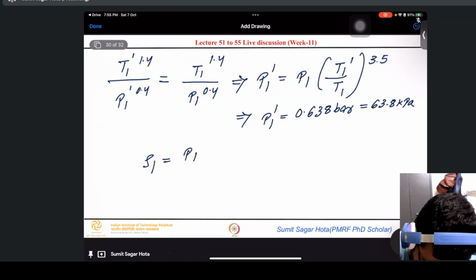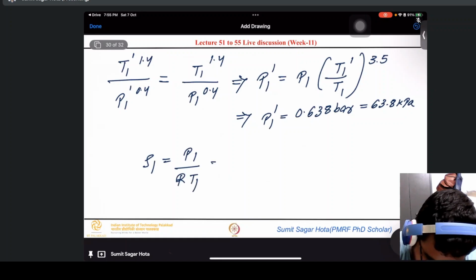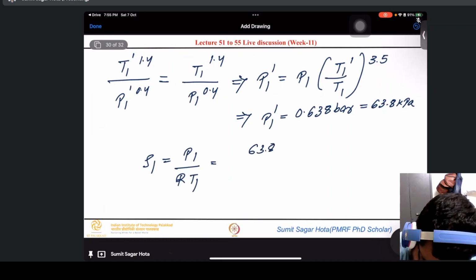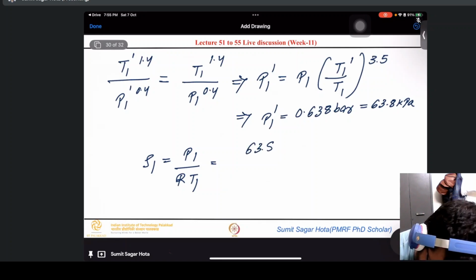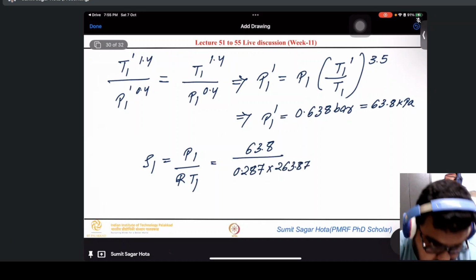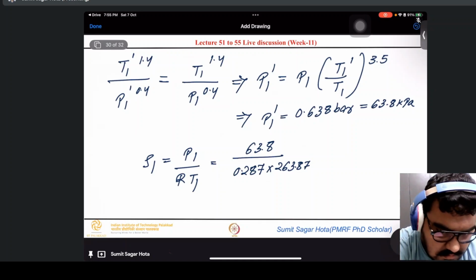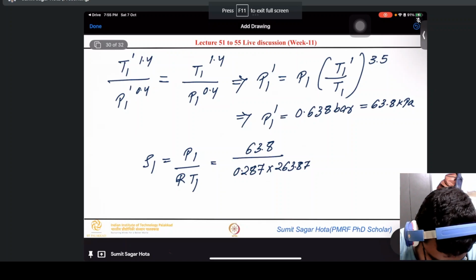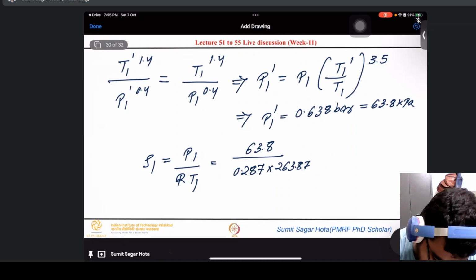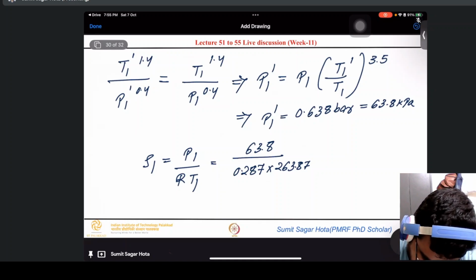Rho 1 is P1 by RT1, with 63.8. So if you solve, you get rho 1.